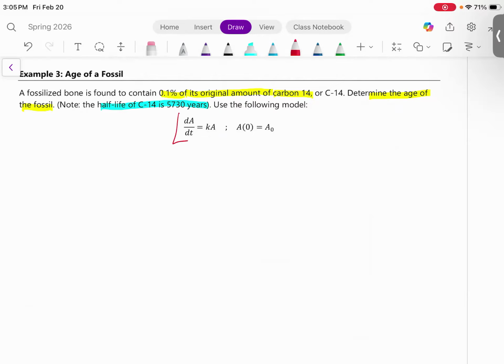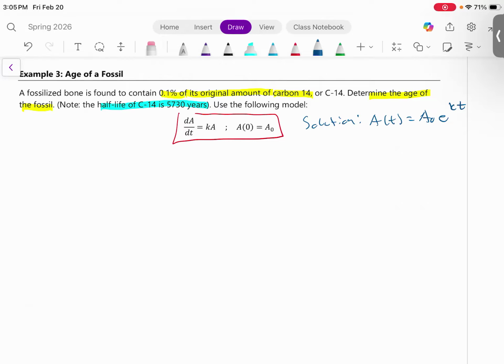This looks familiar: our exponential growth and decay model, dA/dt equals k times A, with an initial condition at time 0 of A naught. Remember that the solution to an exponential growth and decay model is A of t equals the initial amount times e to the kt.